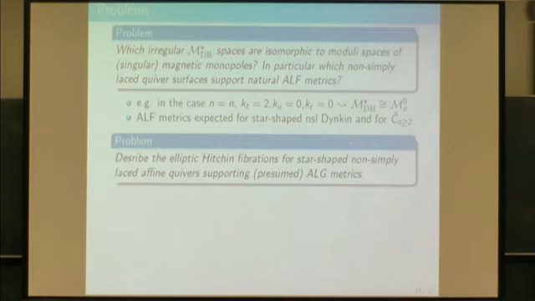Then the second question is we can describe the elliptic Hitchin fibrations, the actual fibrations with all the singular fibers for star-shaped non-simply laced affine quivers. So this describes the potential cases when you have a surface. And here, of course, we will expect ALG metrics. Okay, we know how the fibration looks for D4, E6, E7, E8.